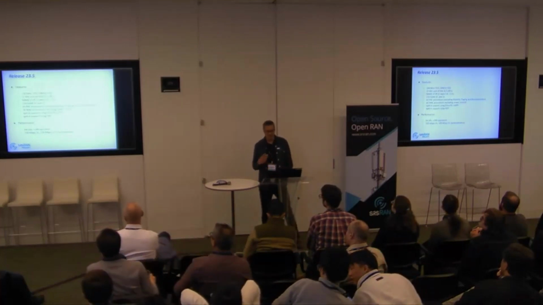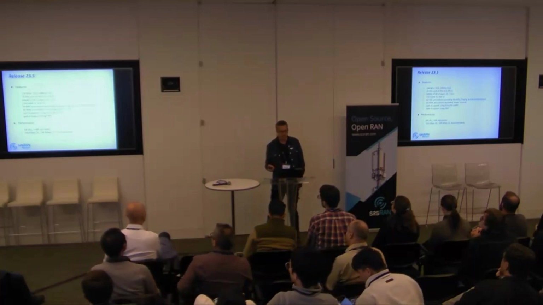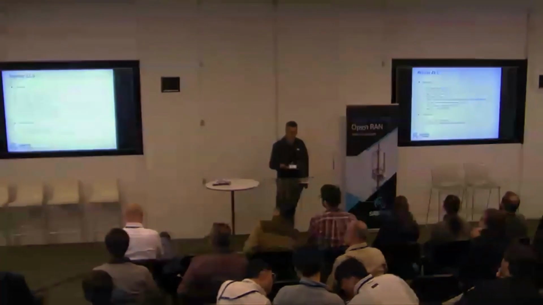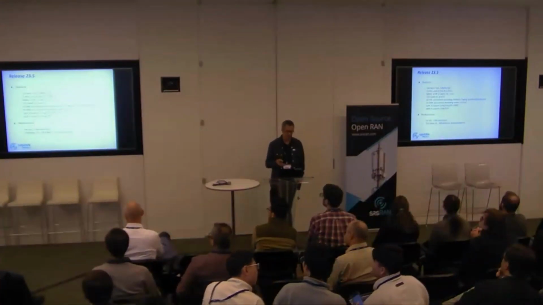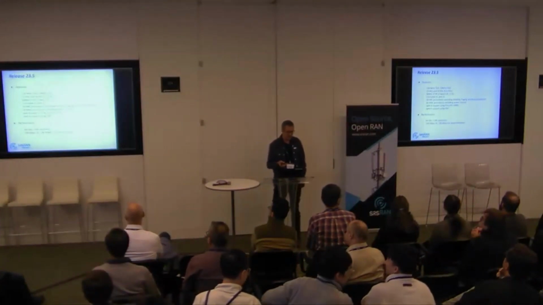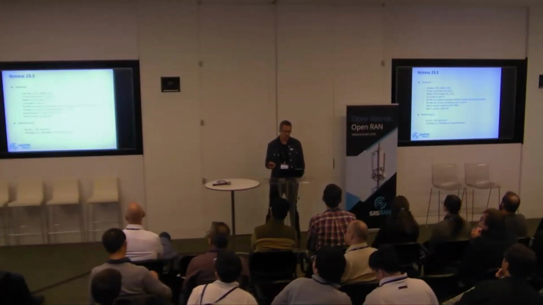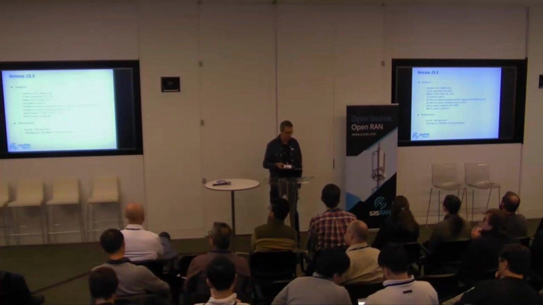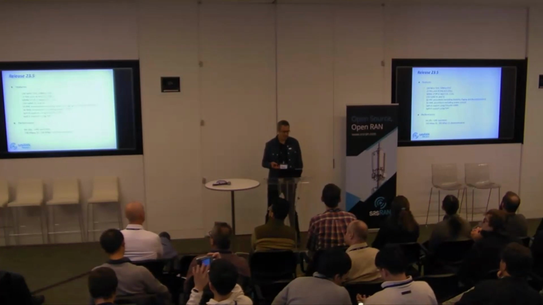RRC, everything that is required for the session establishment, so security, authentication, connection request, all this, but we still didn't provide mobility, paging, or re-establishment. The MAC procedures, most of them except power control and power headroom reports. And we added support for split 6 using FAPI.